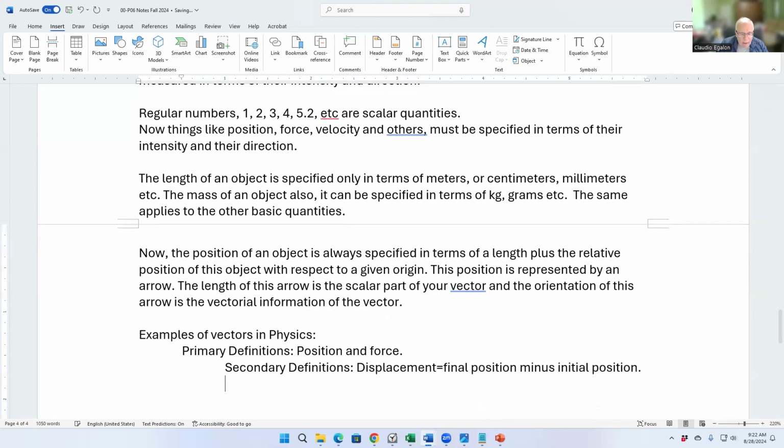And then after the secondary definition, we're going to have a tertiary definition, which is the velocity. The velocity depends on the displacement divided by the amount of time. See that?